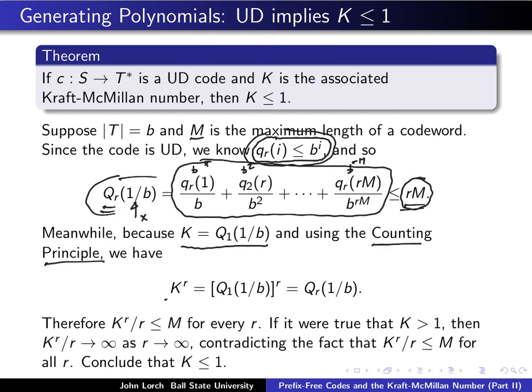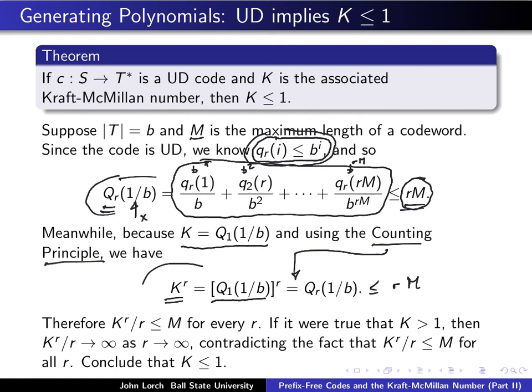We see that k to the r, the Kraft-McMillan number raised to the rth power, by substitution is this Q sub 1 of 1 over b raised to the rth power. But by the counting principle, that's Q sub r of 1 over b. But remember, we just showed that Q sub r of 1 over b is less than or equal to r times m.